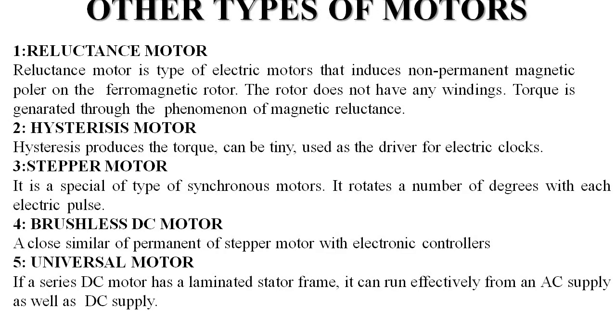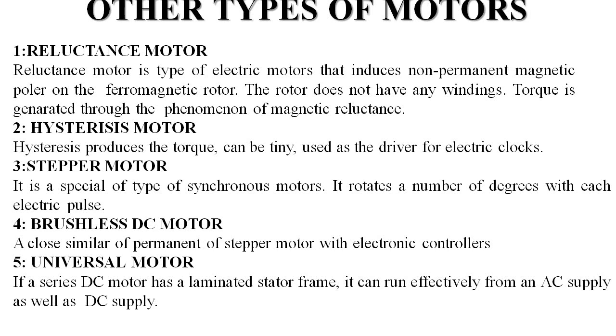Other types of motors, now there are many types, like reluctance motors. A reluctance motor is a type of electric motor that induces non-permanent magnetic poles on the ferromagnetic rotor. The rotor does not have any windings.